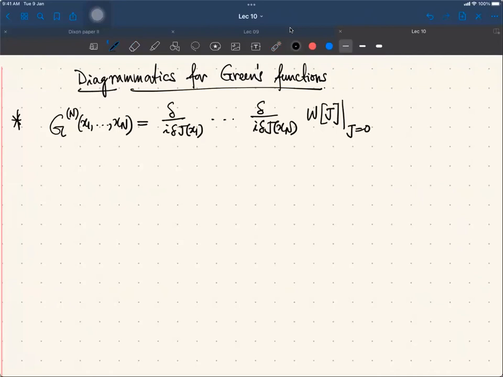This is the Green's function, and this Green's function is not only connected, it also has disconnected pieces. So if you calculate the connected Green's function, then it will be given by this.